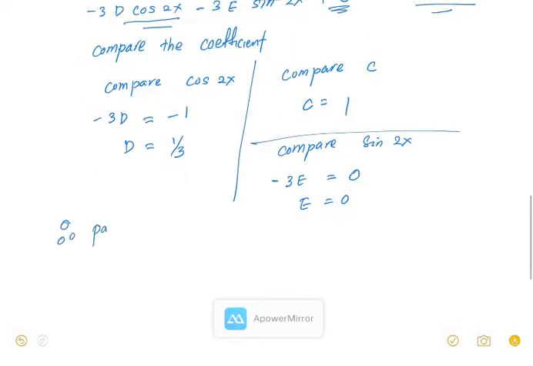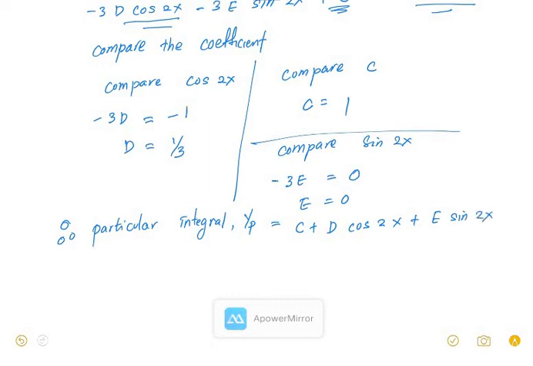Therefore, the particular integral, yp equal to c plus d cos 2x plus e sine 2x. So c, the value is 1, d, the value is 1 over 3. e is 0. So this is the answer.